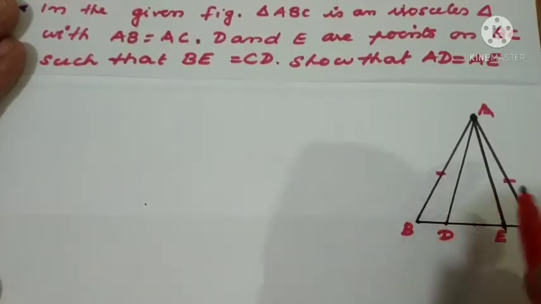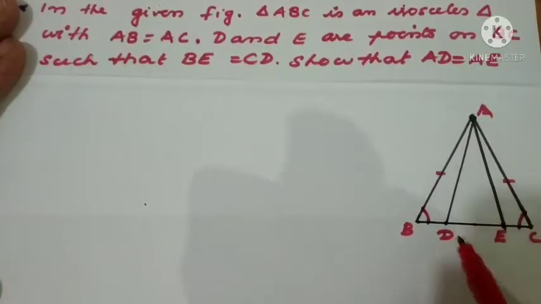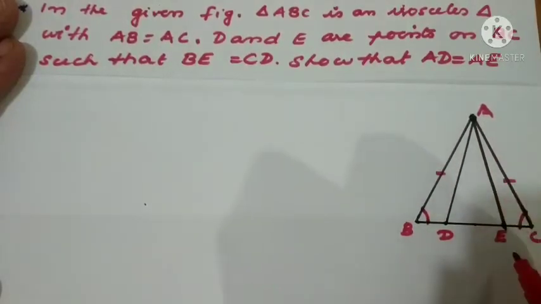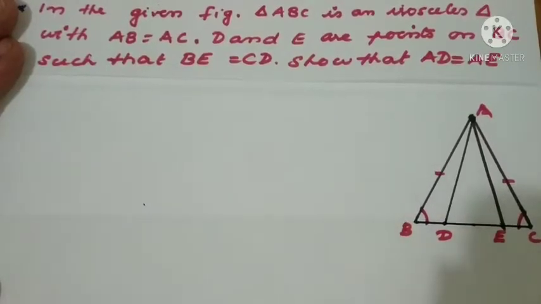When AB and AC are equal, the opposite angles are also equal. For AB the opposite angle is angle C, and for AC, angle B is the opposite angle. If it is possible to get BD in triangle ABD equal to EC of triangle AEC, then we can get the SAS criteria, right? So how to prove that?